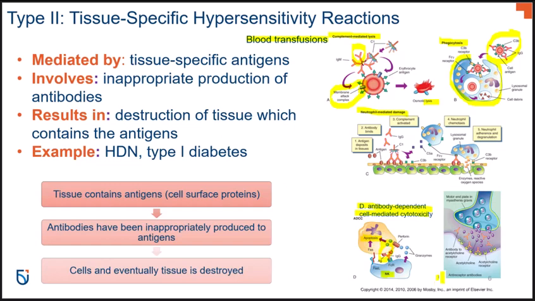And in this last example, what we have here is the blockage of a normal receptor by an anti-receptor antibody, meaning that the receptors here should be open and available to, in this case, receive these molecules, which are acetylcholine.